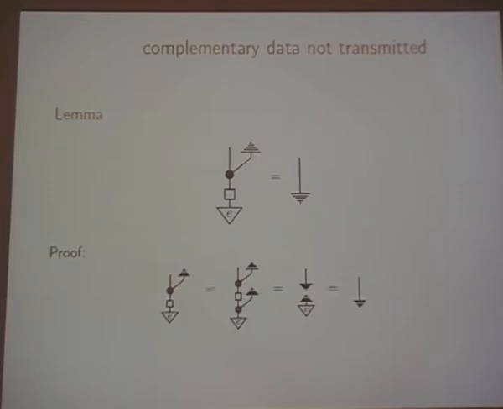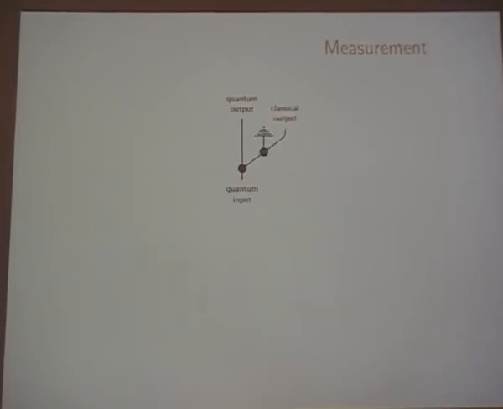Okay, so that's it for the classical channels. Now, it turns out that using this trace out, we can also represent a measurement. So how to do it? We do it in the following way. In order to implement this measurement, first we apply the copy. Okay, copy the state.